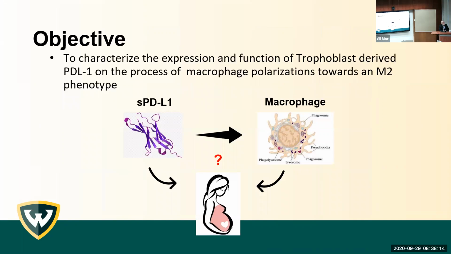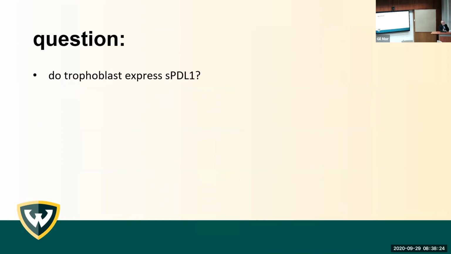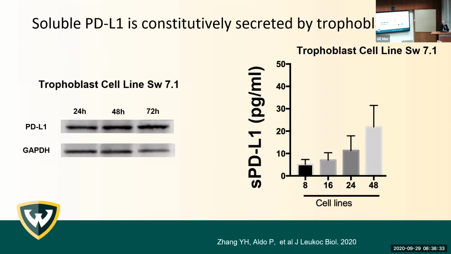So we wanted to know where that PD-L1 is coming from, and second, whether that PD-L1 is responsible for the differentiation of these macrophages. So the first question, where is it coming from? Do the trophoblasts express PD-L1? So we took trophoblast cells, our cell lines, as well as first trimester trophoblast cells isolated from first trimester placentas, and we looked at the expression of PD-L1 by Western blot.